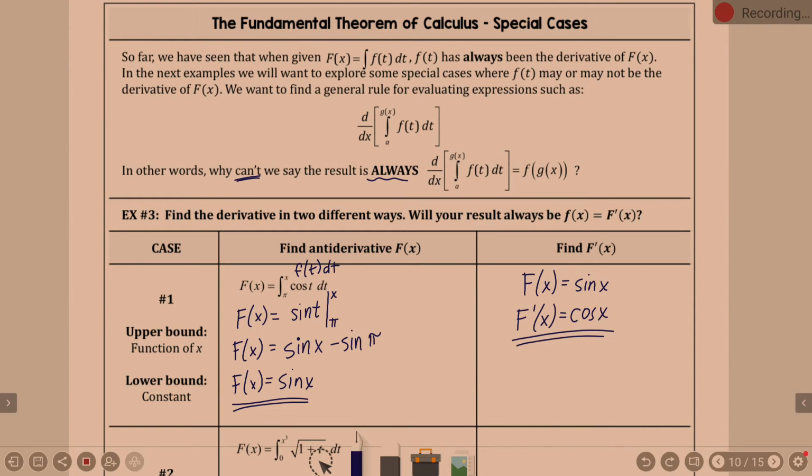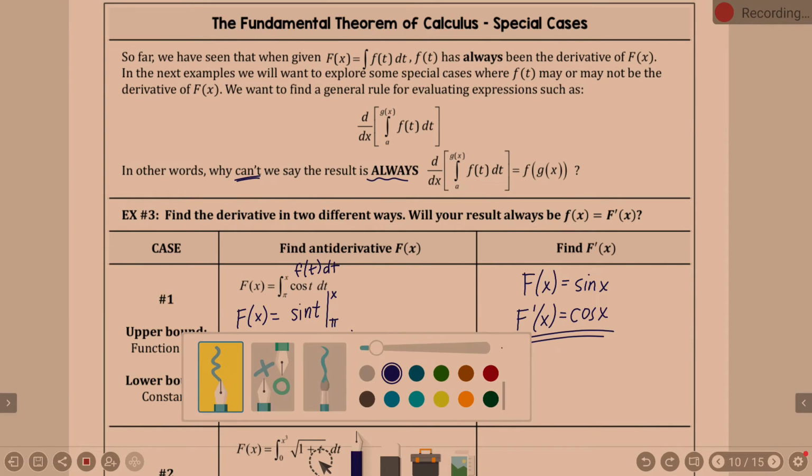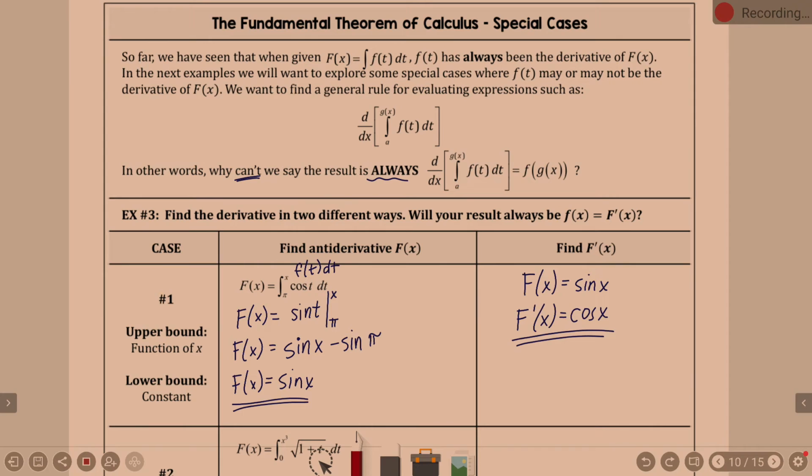And so, what do I want to say here? How did I write it here? So in this case, little f of x does equal the derivative of big F. And so what we can use from here is our fundamental theorem of calculus: the derivative of the integral from pi to x of f of t dt is indeed going to equal f of x.